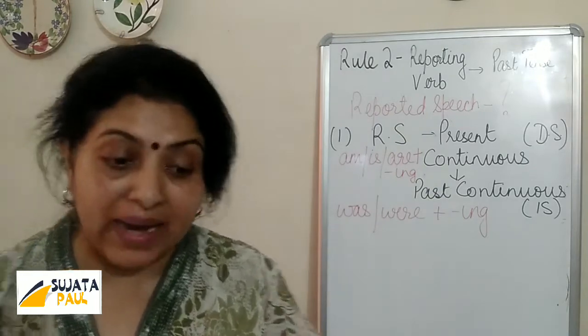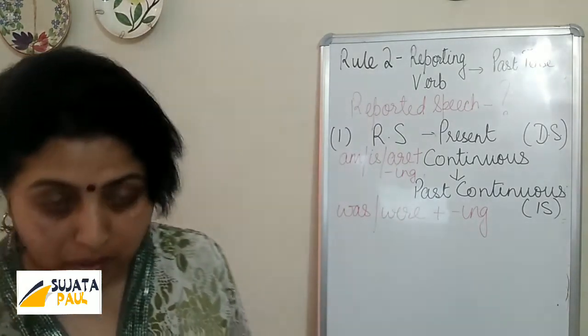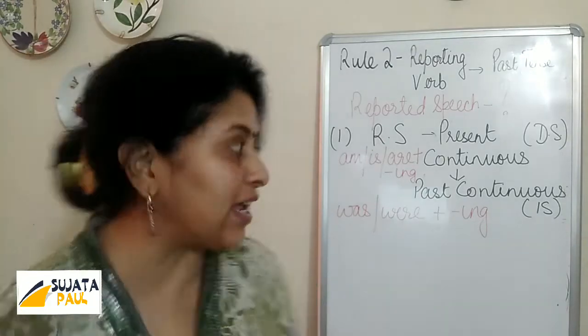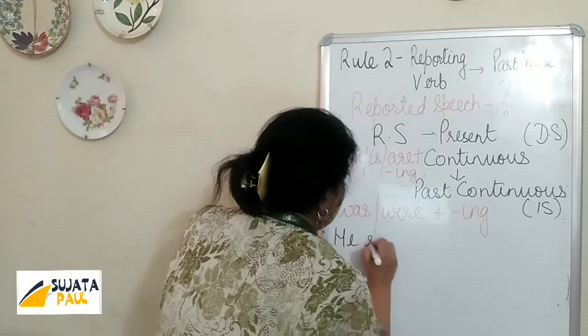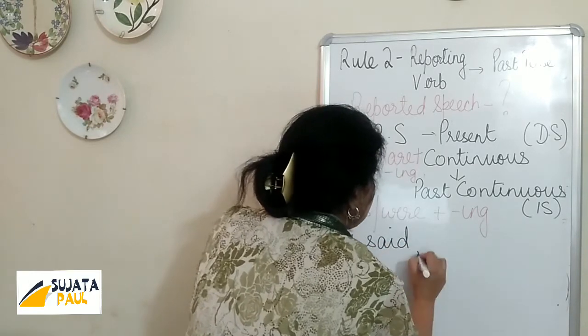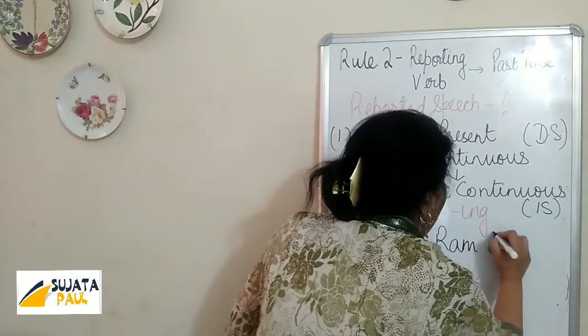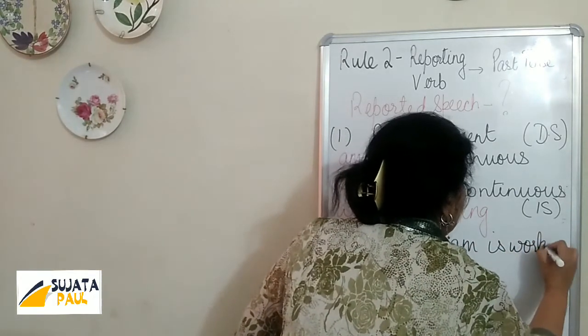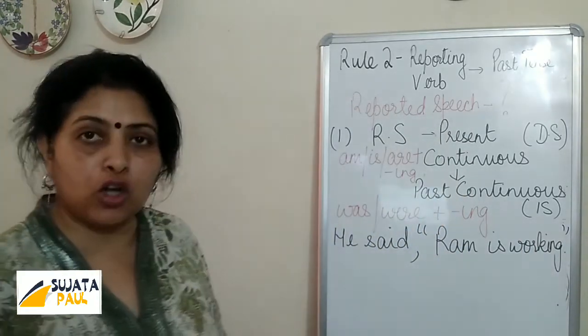Playing, climbing, working. So these are the things that you have to remember. So if I have a sentence which is, let us say, he said, Ram is working. Full stop, inverted comma, closed.